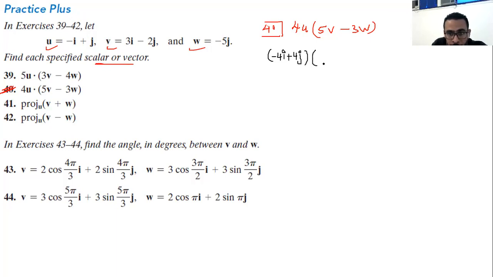Okay, 5v equals 5 times v: 15i minus 10j. And 3w, 3 times 0, and equals 15j.